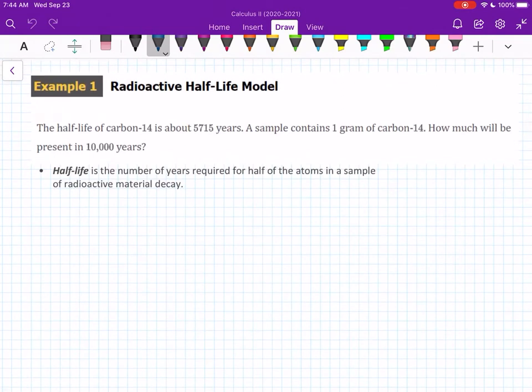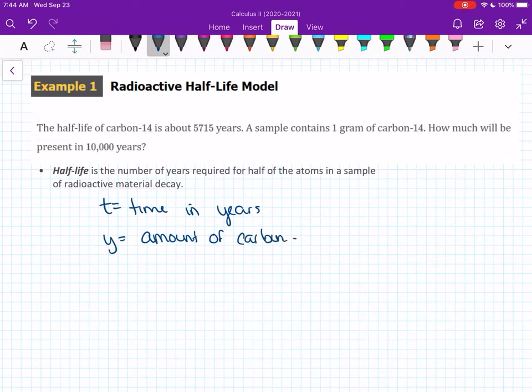So let's define some variables here. We want t to equal time in years, and let's have y equal my amount of carbon-14 in grams. And we have to define where t is, right?